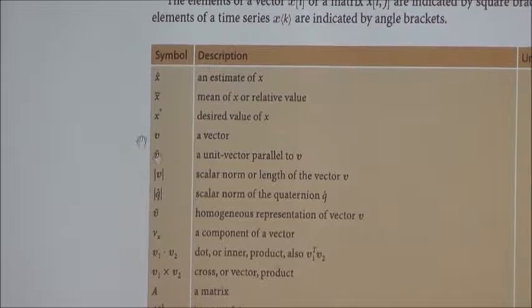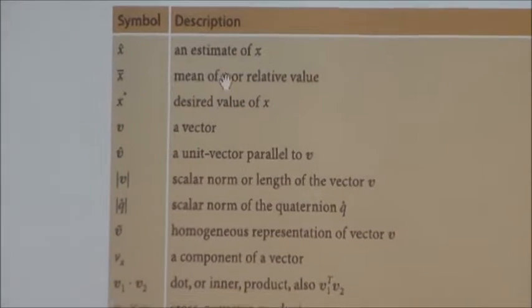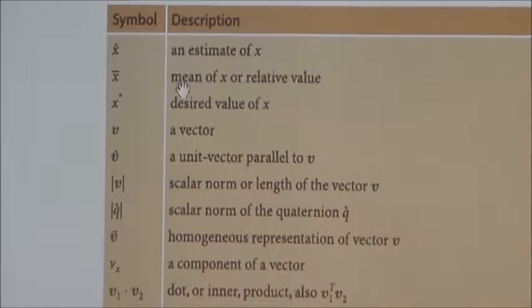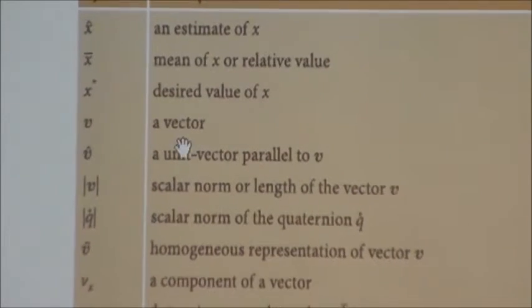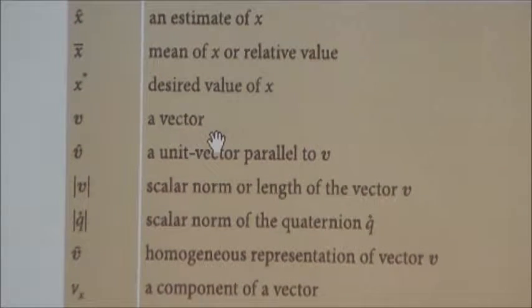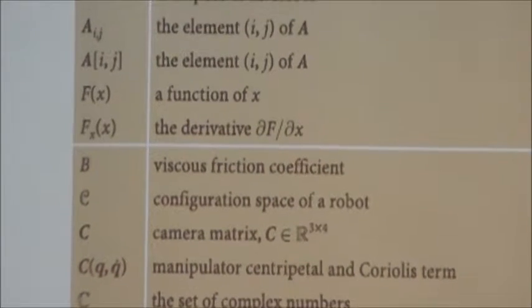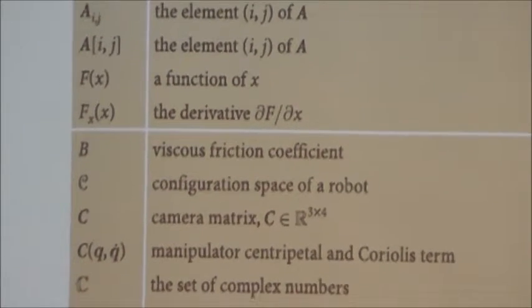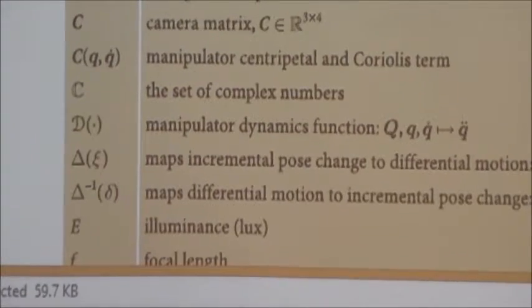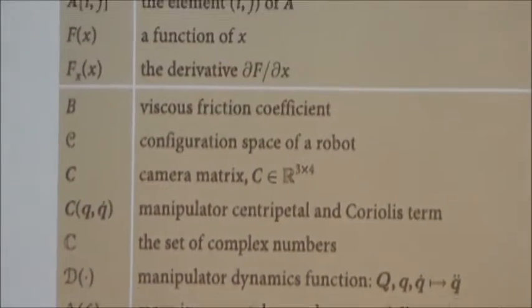For example, this is the estimate of x, x hat, mean of x for relative value, direct value, a vector, norm, a scalar norm, transpose, pseudo-inverse. That's the inverse of a non-square matrix. We call it pseudo-inverse.